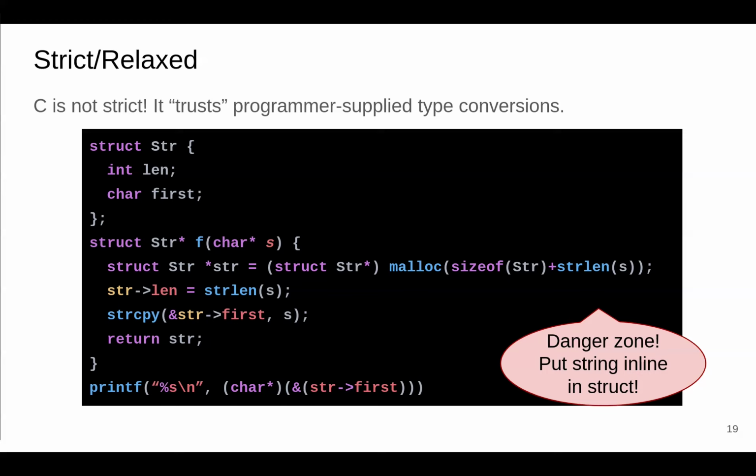How can this work? If you look at this, what we have allocated is pretty much this object here, right?